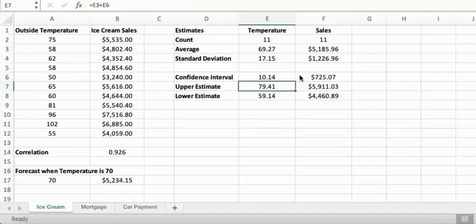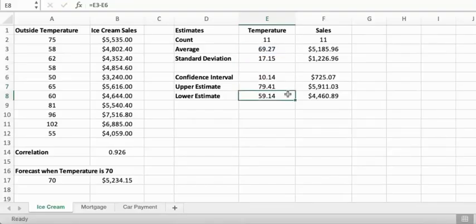This number, 10.14, tells us how far we need to go away from the mean on both sides in order to construct an interval that we're 95% confident the true average temperature will fall between. To calculate our upper estimate, we take our average temperature, which is in E3, and add our confidence interval to that, which is in E6.